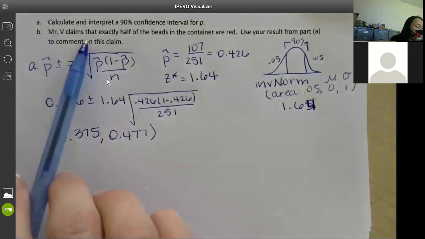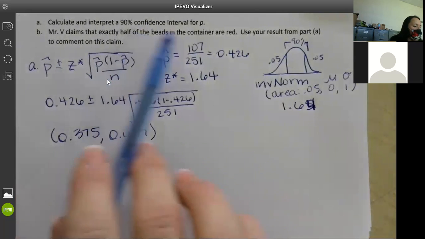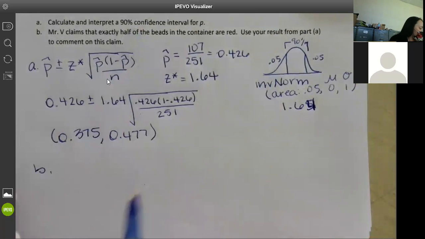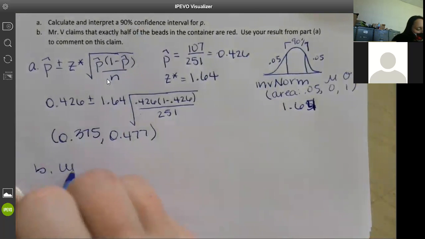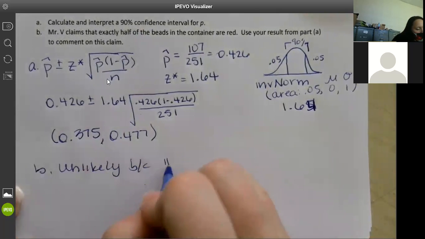Part B says he claims that exactly half, what is half? 50% of the beads in the container are red. Use your result from part A to comment on this claim. Look at this interval. What's the problem? Perfect. Because the interval doesn't contain 0.5.